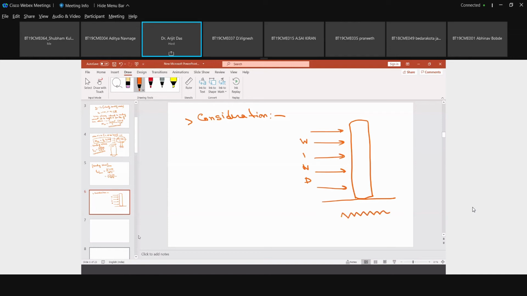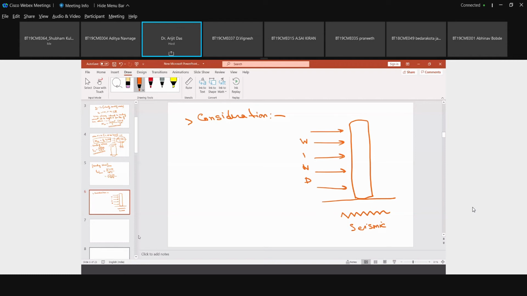Suppose they occur simultaneously. We will consider only one effect, either the wind effect or the seismic effect, whichever value is greater, because the possibility of wind load and seismic load acting simultaneously over the column is rare.